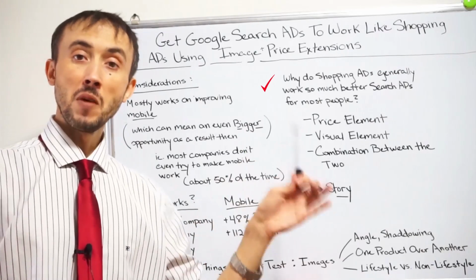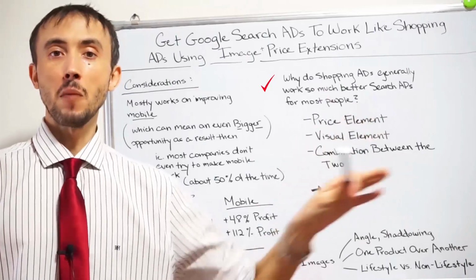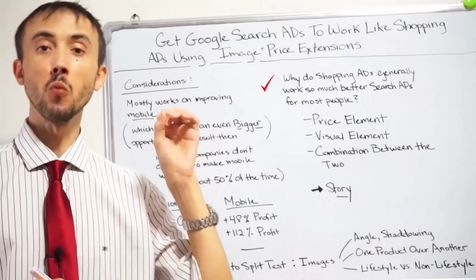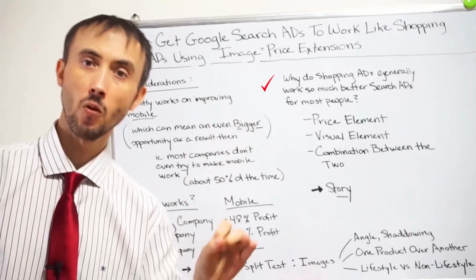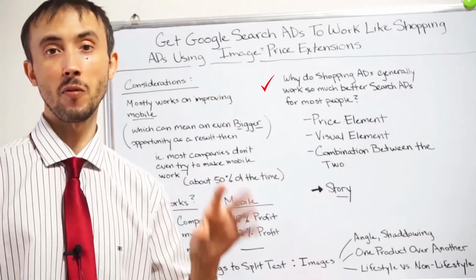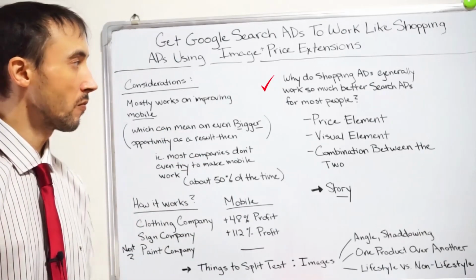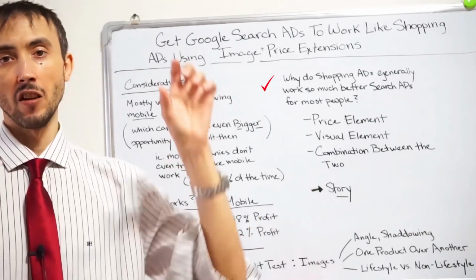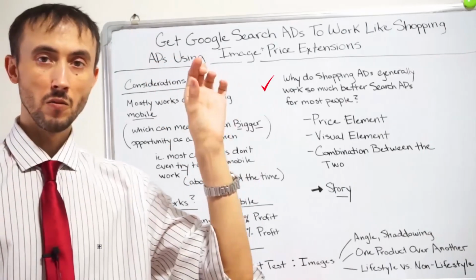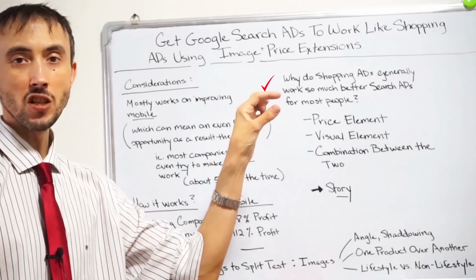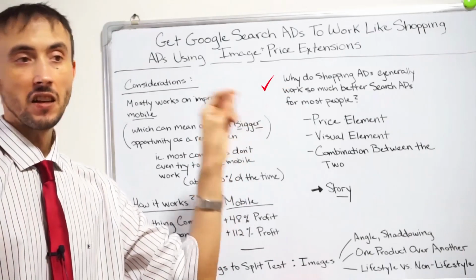To mimic what the shopping ads do for you, that price is on there. People like to see the price before, they don't want to waste time clicking on things that they can't afford or that are cheap when they wanted a quality item. So it's all about saving time. Then there's the visual element. Going back to not wanting to waste time, they see a visual representation of what they get on the other side of the ad, and so they can save time.